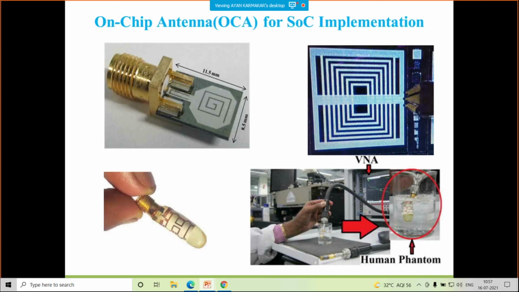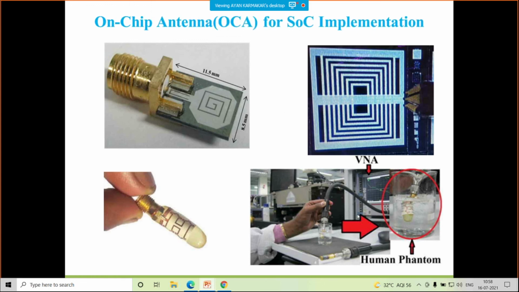Now, this silicon RF technology can be used for biomedical applications also. Several on-chip antennas can be fabricated for SoC implementation. Recently NIT Durgapur and CSIO Chandigarh came up with their designs, and we have fabricated them, and they are happy with the performance. These are used extensively for on-chip applications.